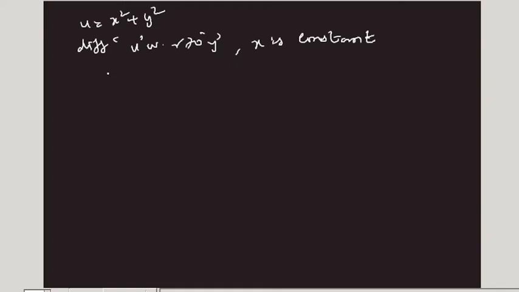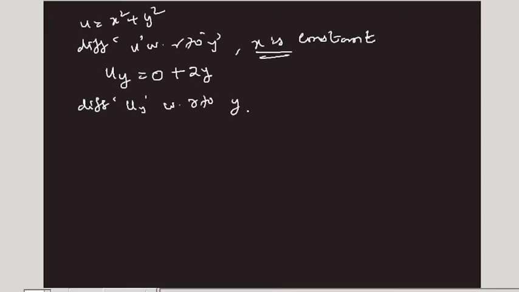If we differentiate with respect to y, x is constant so its differentiation is 0, plus y square gives 2y. Now differentiate u y with respect to y. Here x is constant. So u y is 2y, and differentiating this gives 2.